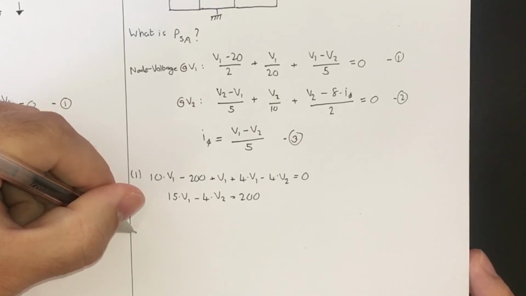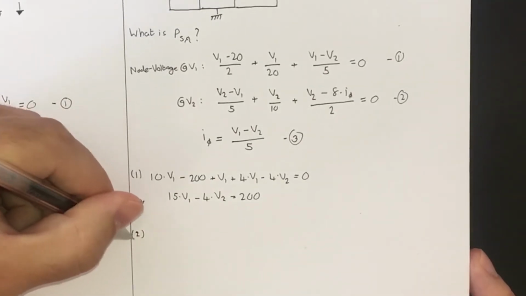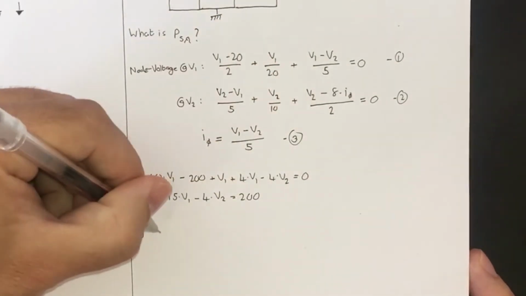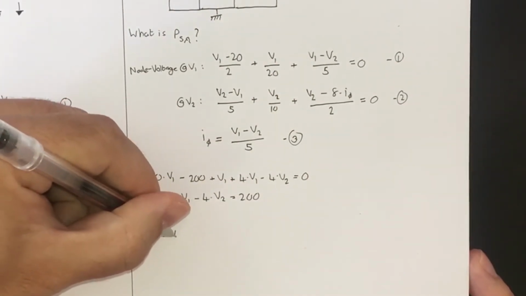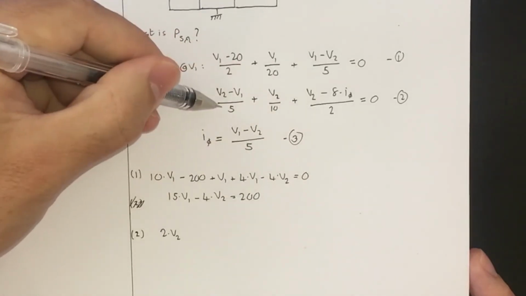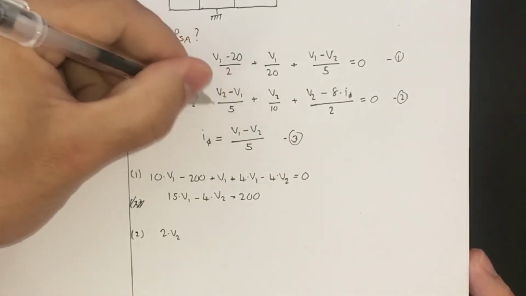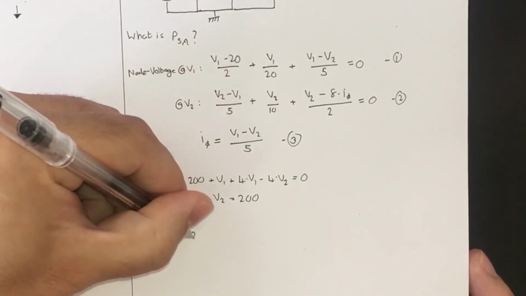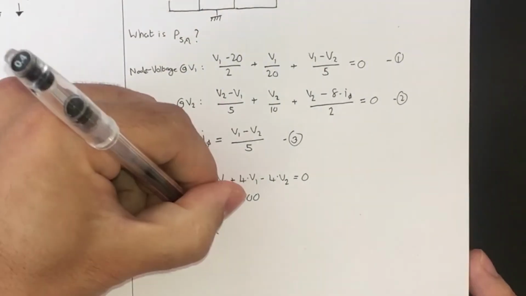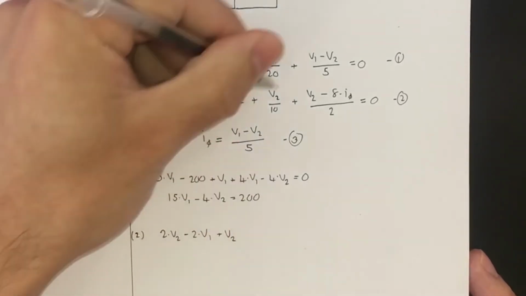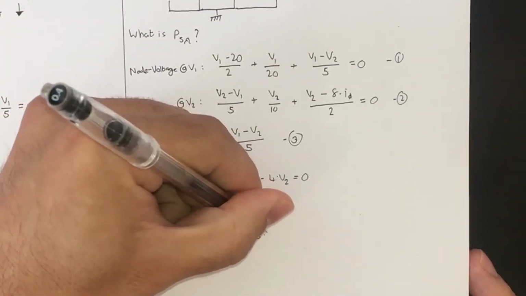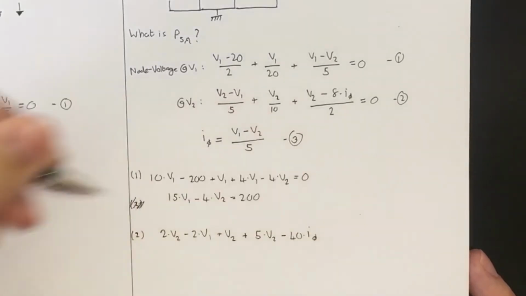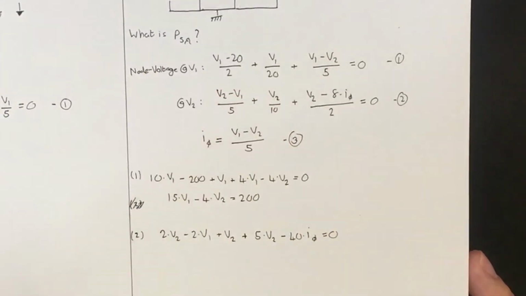Now let's do the same with equation 2. We multiply out by the greatest denominator, so that's 10. So then we get 2 V2, since 10 divided by 5 is 2, so 2 V2 minus 2 V1 plus V2 plus 5 V2 minus 40 times I phi equals 0.